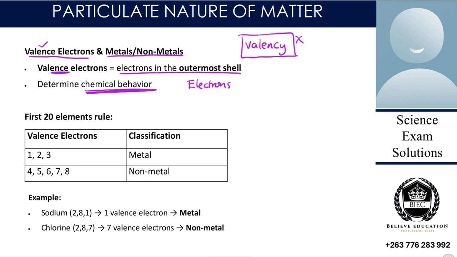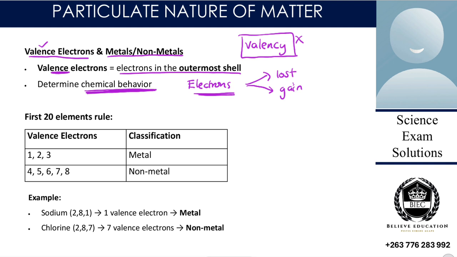Are we together? So these electrons have only two behaviors: either they are lost or given out, or the atom will gain what? Electrons. And this behavior of electrons being lost or gained is what we define as a chemical behavior.